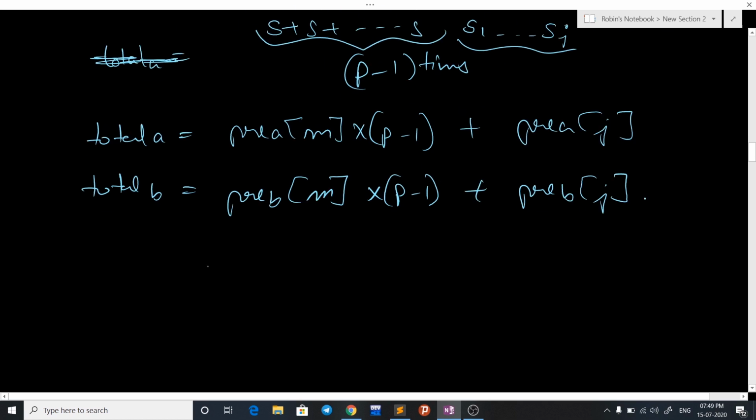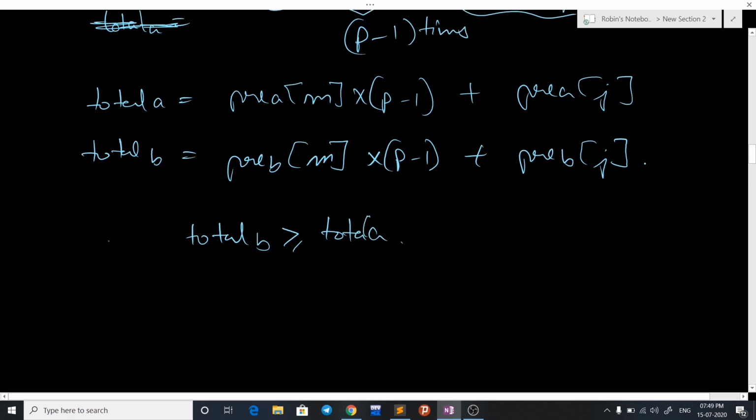Now what we have to do is we have to see that when total b is greater than or equal to total a.